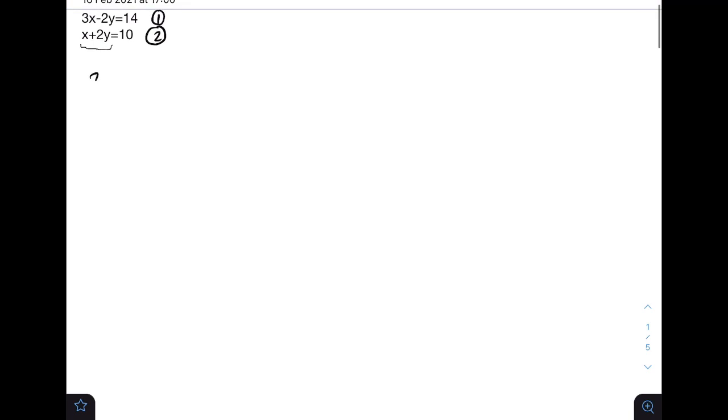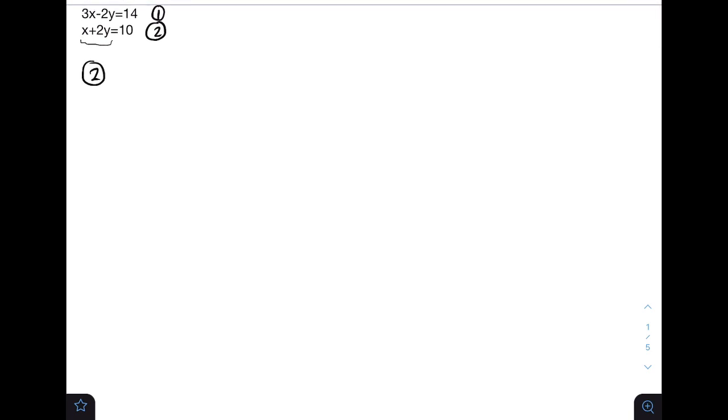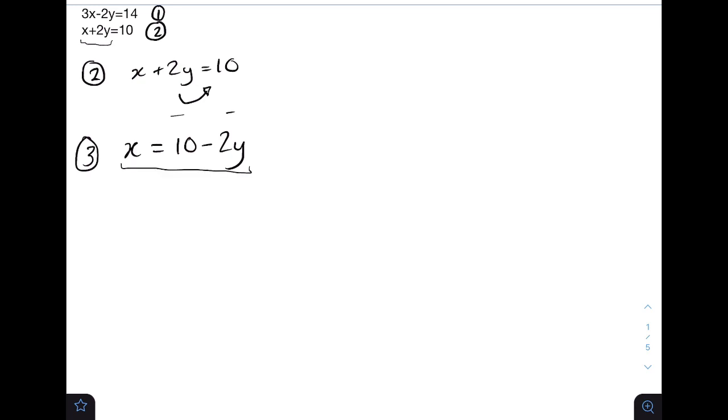So let's take equation 2, x plus 2y equals 10, and we want to move this 2y over to the right, so we just minus it on both sides. So x equals 10 minus 2y. We can label this equation 3, or you can just refer to it as x.